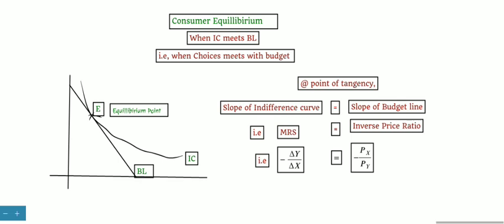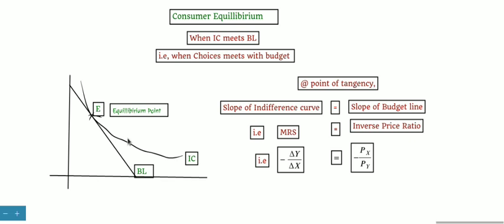And now we are going to see about the consumer equilibrium. The consumer equilibrium is obtained when the indifference curve meets the budget line. The indifference curve we drew for the consumer should meet his budget needs. That is, when choices meet with the budget, the equilibrium is obtained.